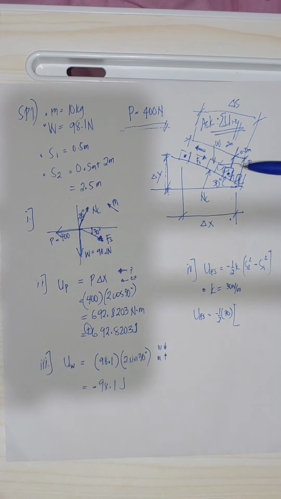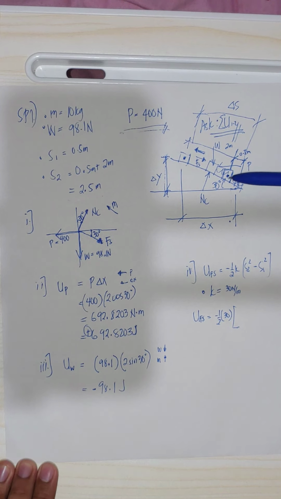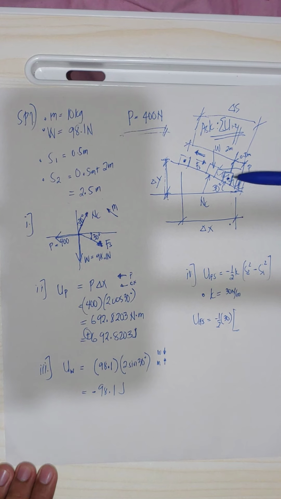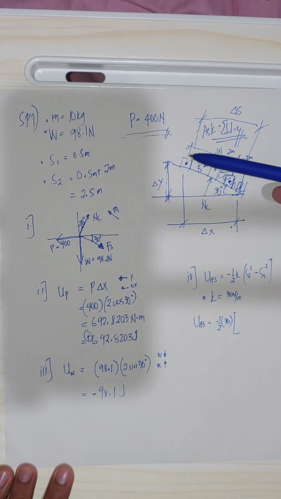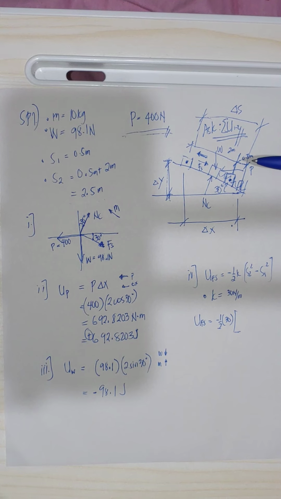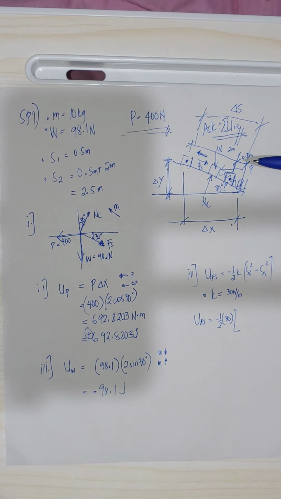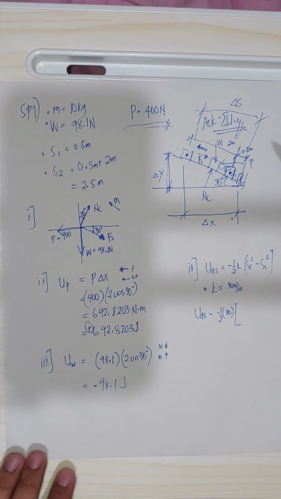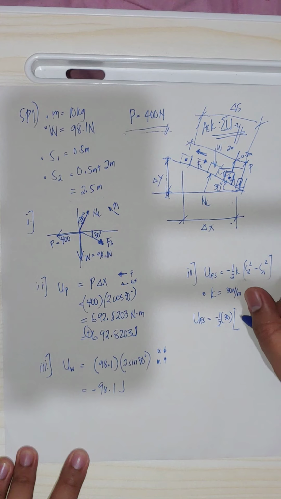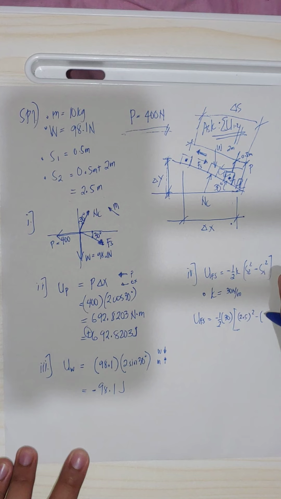The spring is at its original position, then it was stretched by 0.5 meters, and then stretched further by plus 2 meters. So the final position is 2.5 meters, so we apply 2.5 meters squared minus the initial stretch, that is 0.5 meters squared.